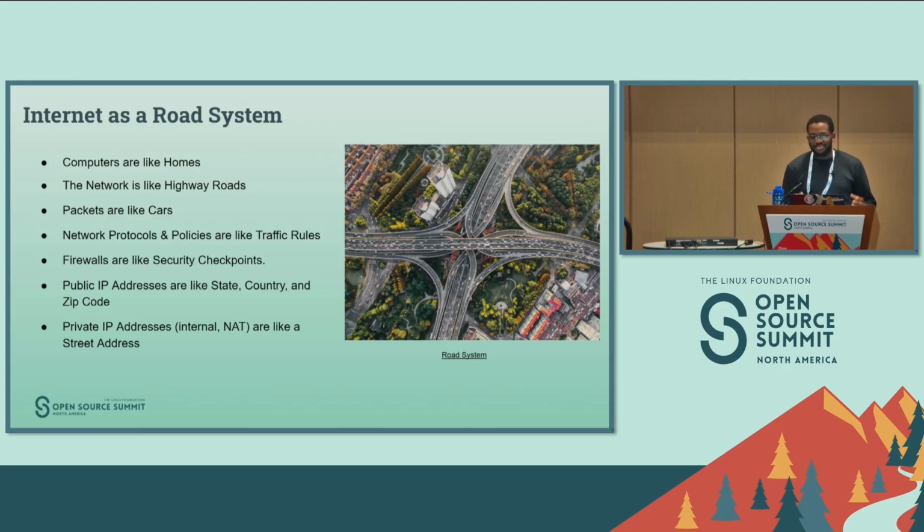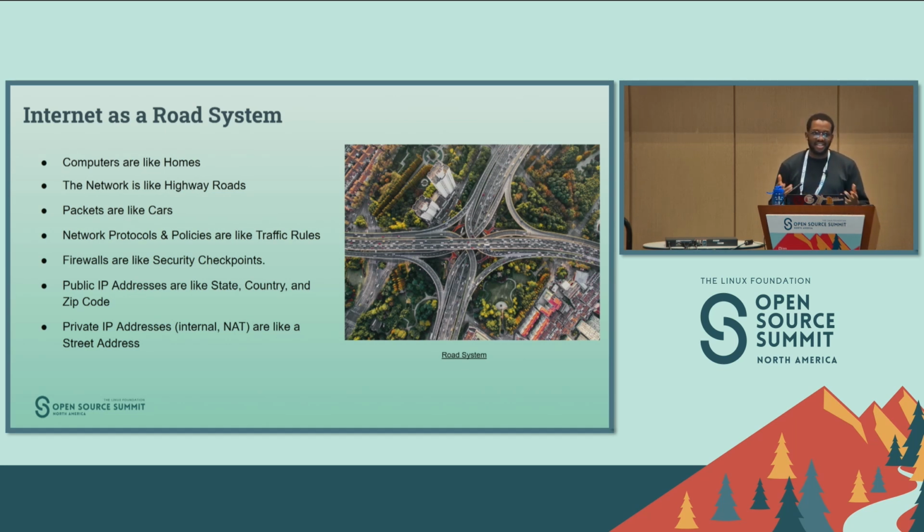And the best way I understood networks, and I like to explain it that way, is like a road system, where your compute is like homes. You have multiple computers scattered in different places, and they need to communicate with each other. Well, the network is the highway road, and the network packets are like cars. So the data goes in the packet, and the packet moves from point A to point B.